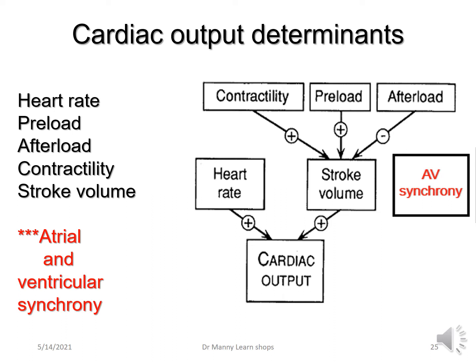And when they're filled actively, the ventricles are full of blood to about 100% capacity. This is atrial and ventricular synchrony. So, in order to have cardiac output, you require heart rate, preload, afterload, contractility, stroke volume, and atrial and ventricular synchrony.